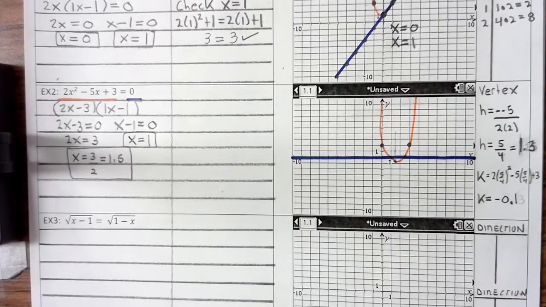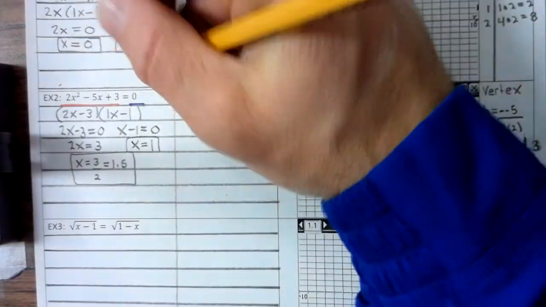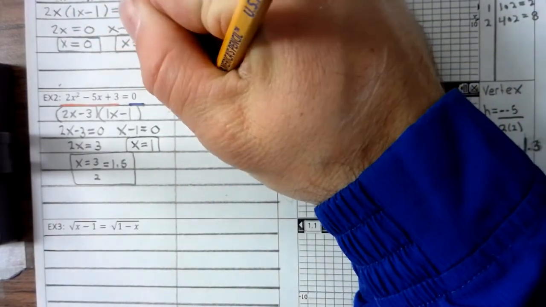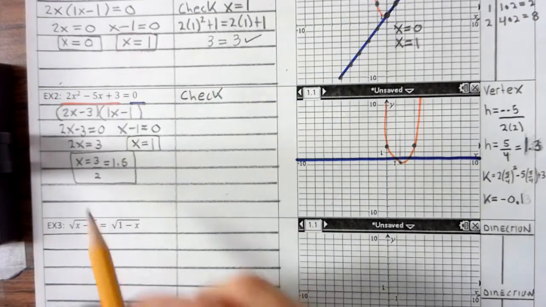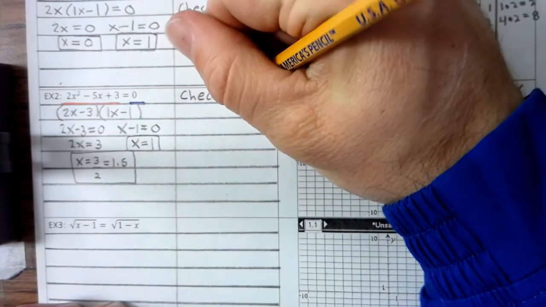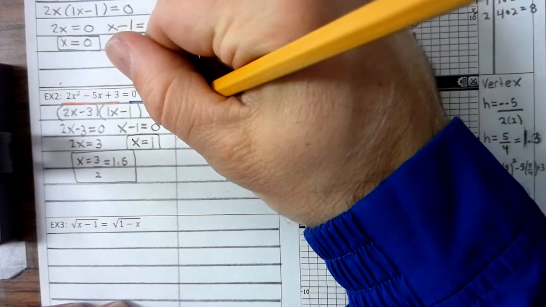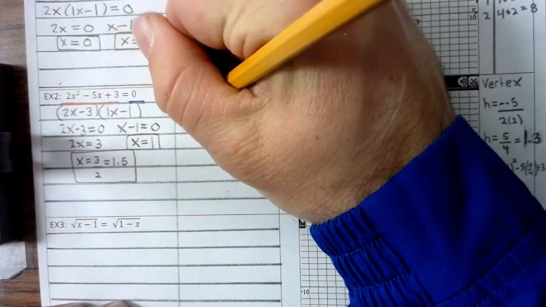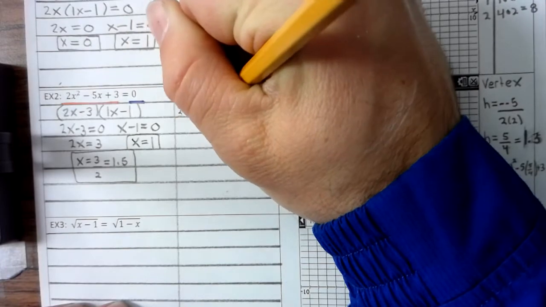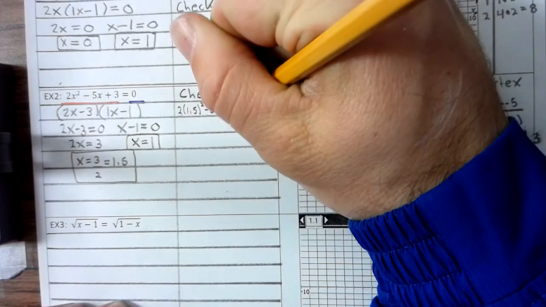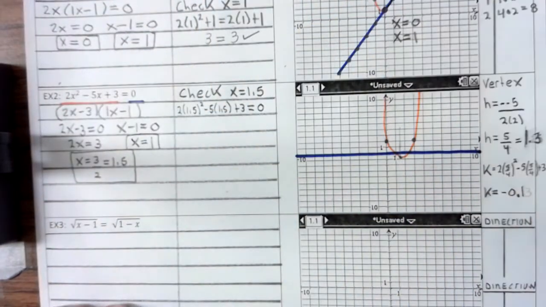Now, for some reason, I thought graphing was so much fun that I forgot to check. So let's come over here and check. So we have 1.5 first. Okay, so let's check that. So that's 2 times 1.5 squared minus 5 times 1.5 plus 3 equals 0.